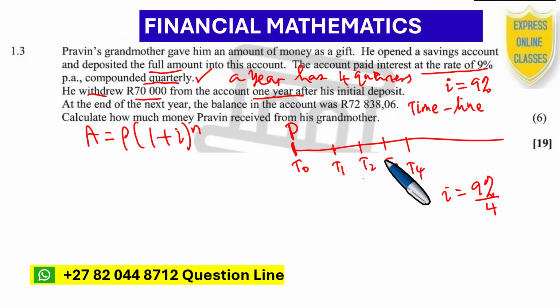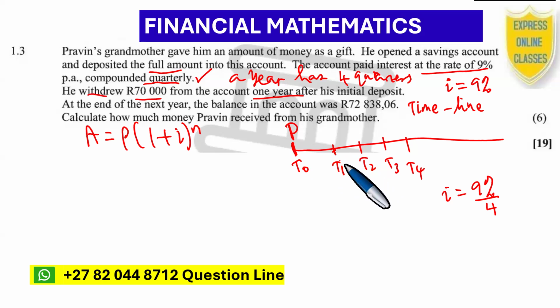So now we understand that here at time 0, there's going to be the first quarter. When the money was given, there's January, February, March. March is ending here, and that marks the end of the first quarter. The end of the second quarter.